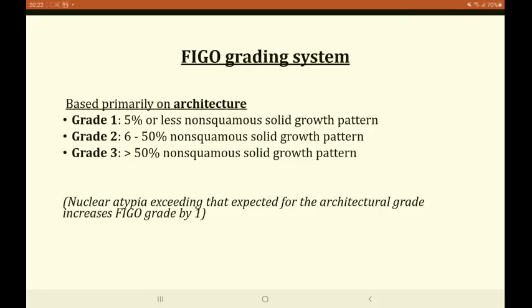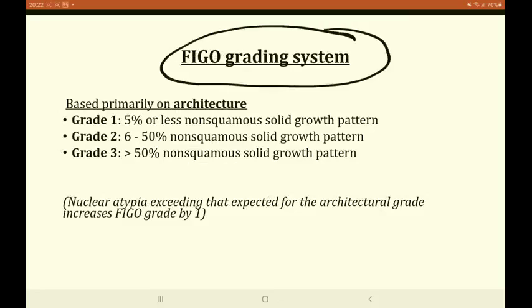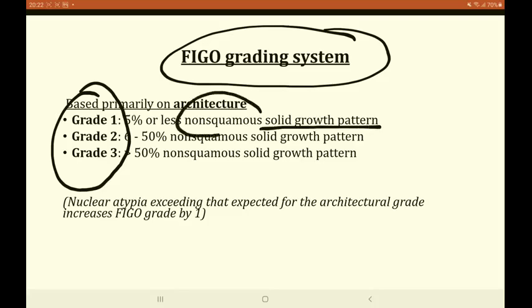Before we move to the molecular classification, let us recall the FIGO grading system. The FIGO grading system divides endometrial carcinoma into 3 categories, grade 1, grade 2, and grade 3, depending upon the percentage of solid growth, and this solid growth has to be non-squamous. We do not include areas of squamous metaplasia in this grading criteria. Grade 1 is when the solid growth pattern is less than 5%.